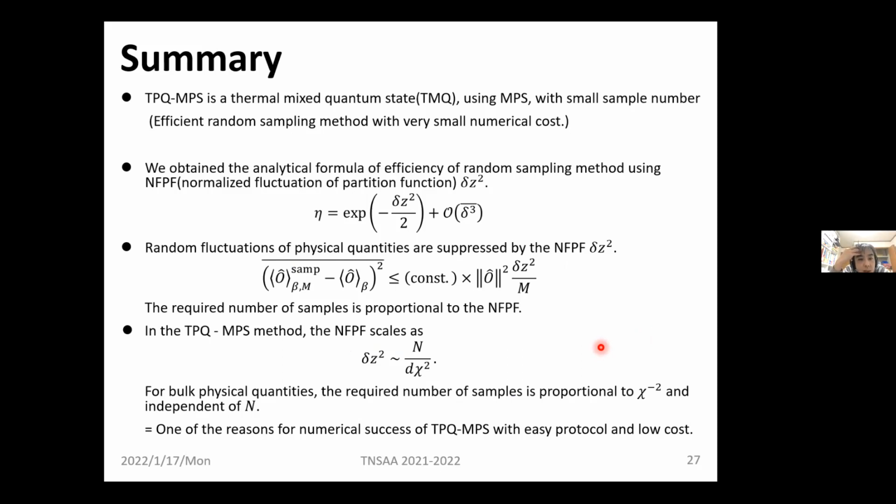I understood that in the case of bulk physical quantities, a constant chi gives us enough precision for the thermodynamic limit. But how about the local quantity? For example, the local magnetization. If we want to calculate the local magnetization, do we need to increase the dimension chi to obtain a good result?